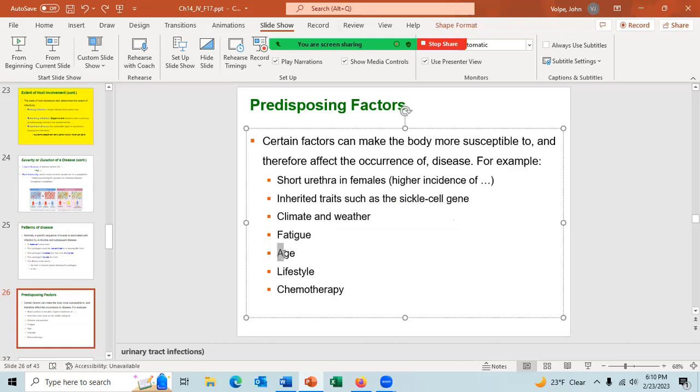Age also affects the predisposing factor. I think everybody knows that the older you are, the more at risk you are for getting COVID-19 and the more serious COVID-19 infection is. This is true for most diseases, although, let me see if I can show that.